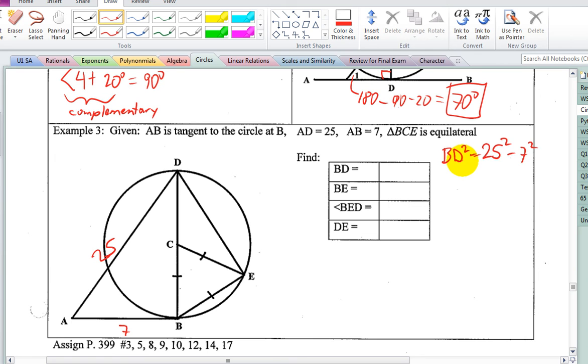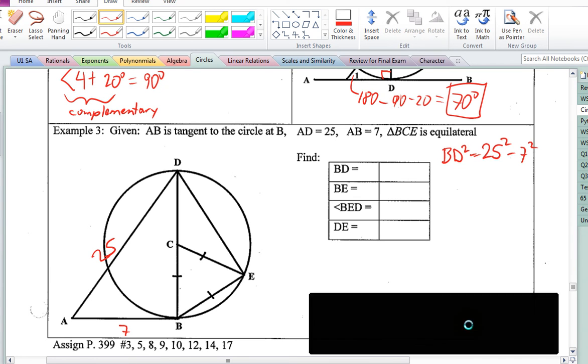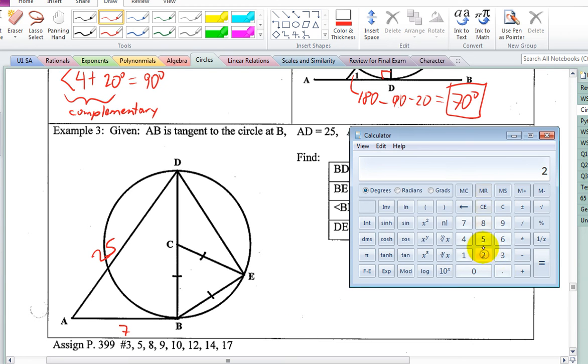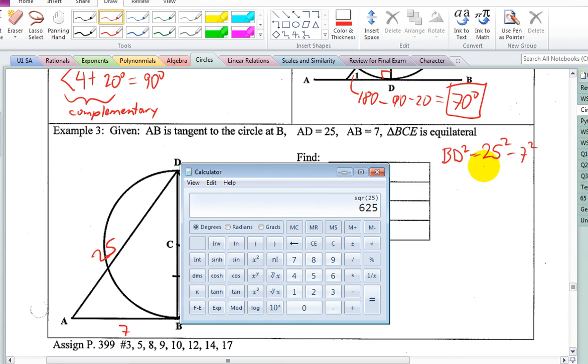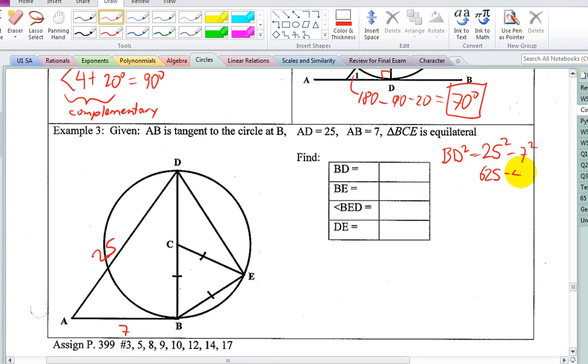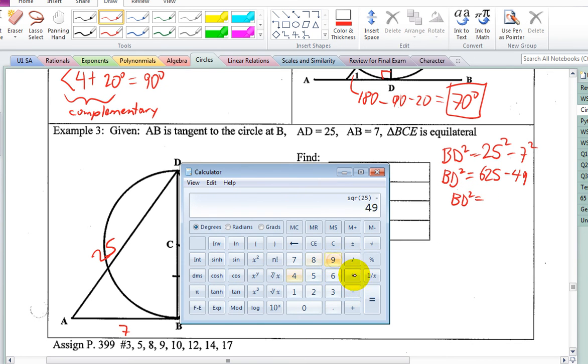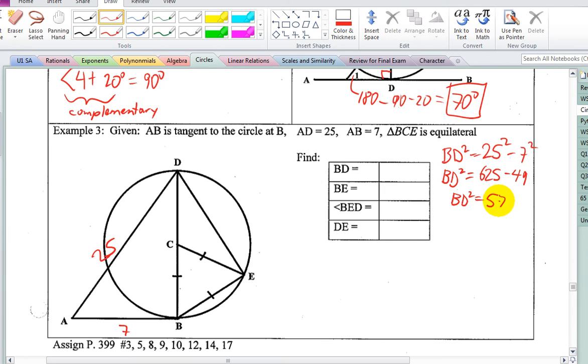Use your calculator. Go. Okay, so BD equals 24.